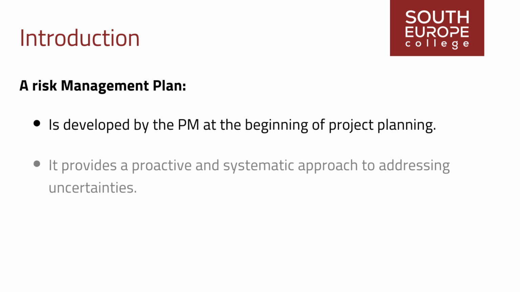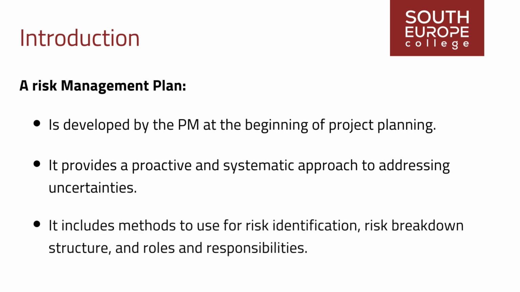It provides a proactive and systematic approach to addressing uncertainties that could impact the achievement of objectives. It includes methods to use for risk identification, risk breakdown structure, and roles and responsibilities for risk identification of the project.